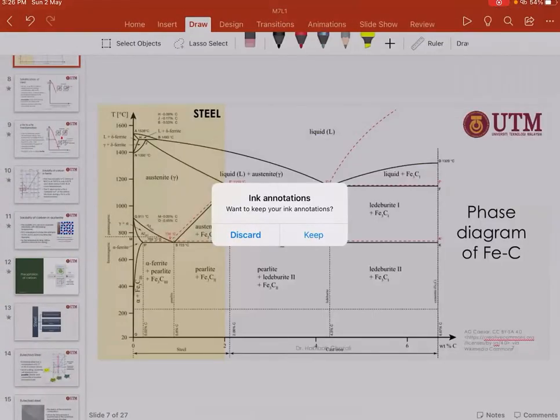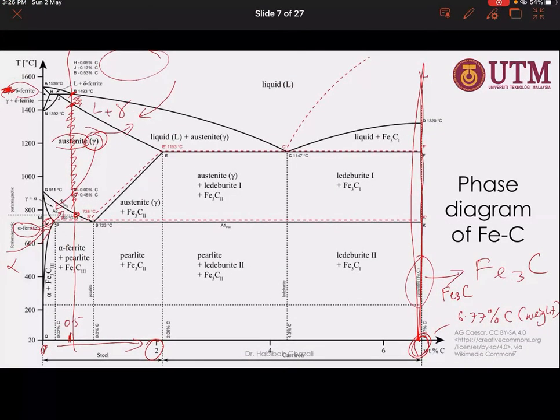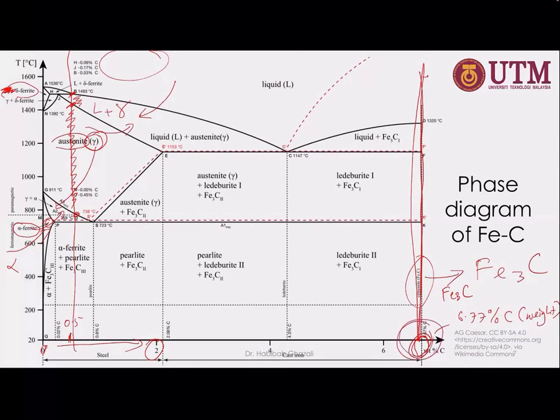This terminal at the cementite, or iron carbide, at room temperature is combined from left to right. So at the bottom it is forming alpha plus Fe3C, which is iron carbide. All right, this one I will further refine. Don't worry.